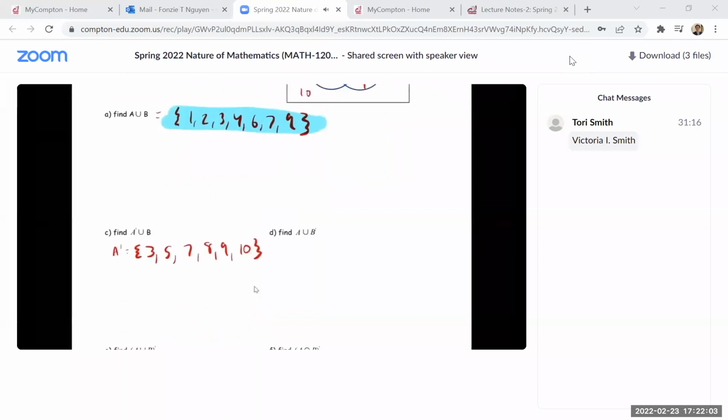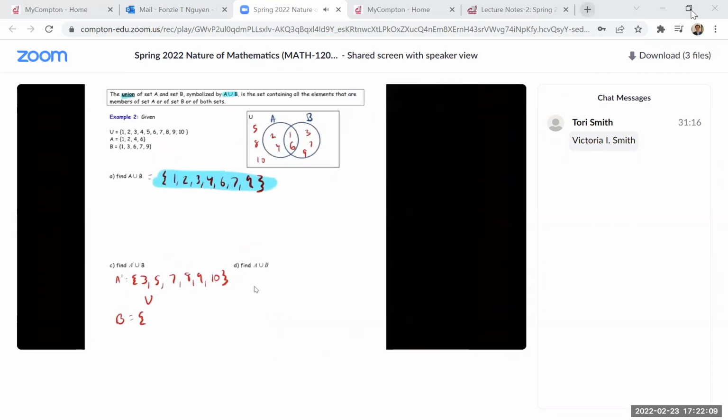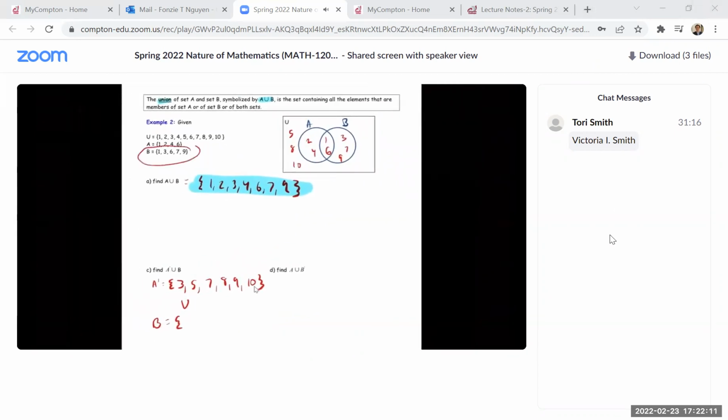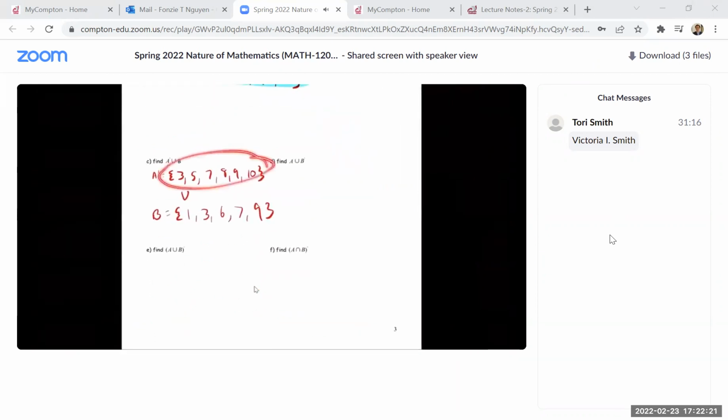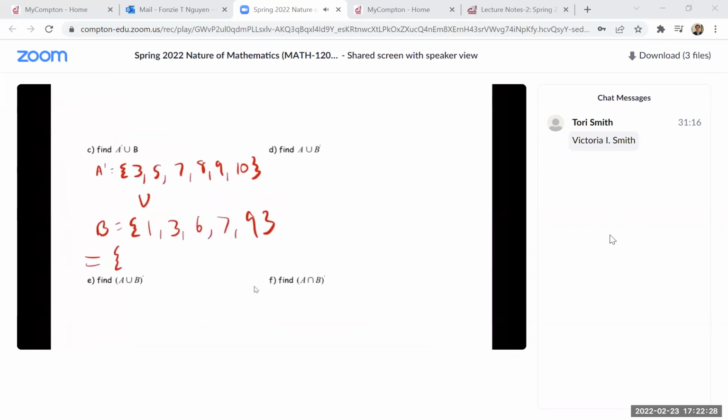So that would be all the stuff that's remaining. All right, and then we have to do a union with B. And B, we already know B is up here: 1, 3, 6, 7, 9. And then remember union means you're just combining these two sets together into one big set. But you're never supposed to repeat elements.